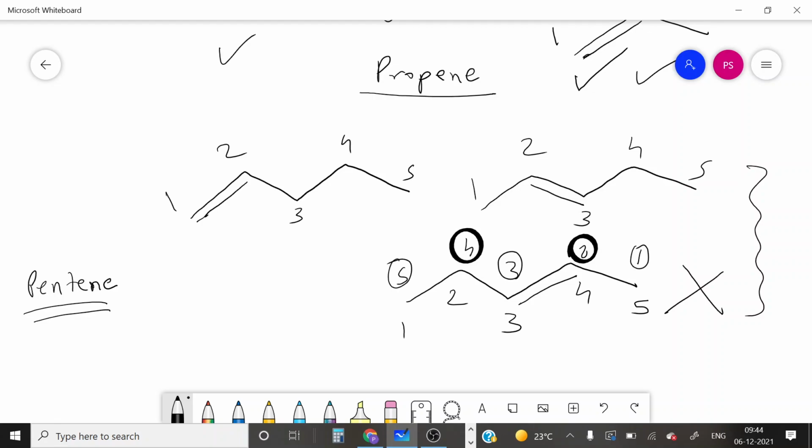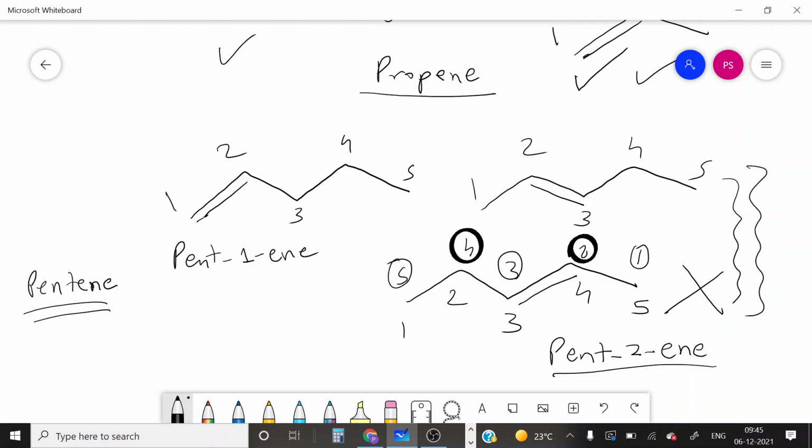So these two compounds are same. And name of these two compounds: pent-2-ene, single name. What is the name of this compound? Pent-1-ene. One is 2-pentene and one is 1-pentene.